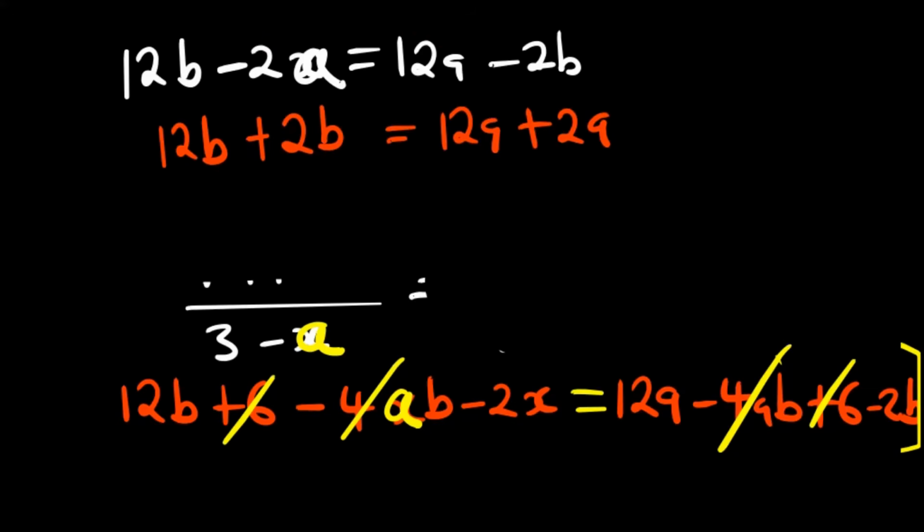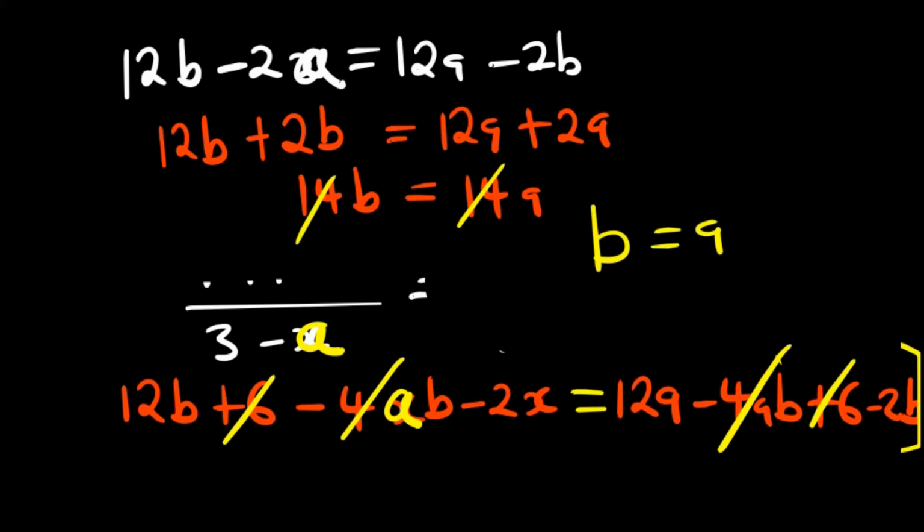Now 12b plus 2b is 14b. This will be equal to 12a plus 2a, that will give us 14a. Then when you divide by 14 on both sides, I'm just going to remain with b is equal to a. So this is also a one-to-one function.